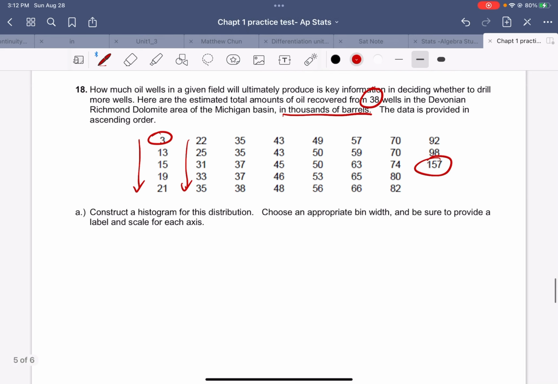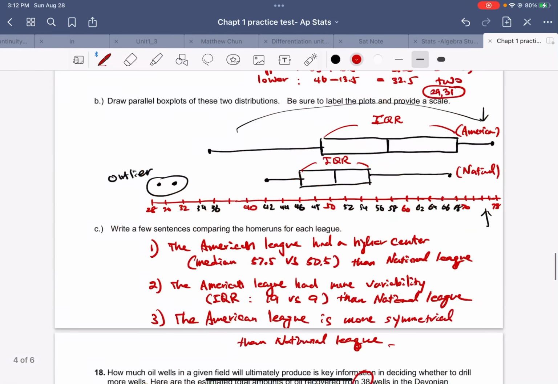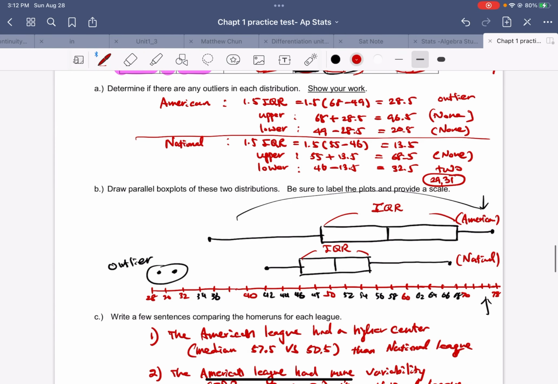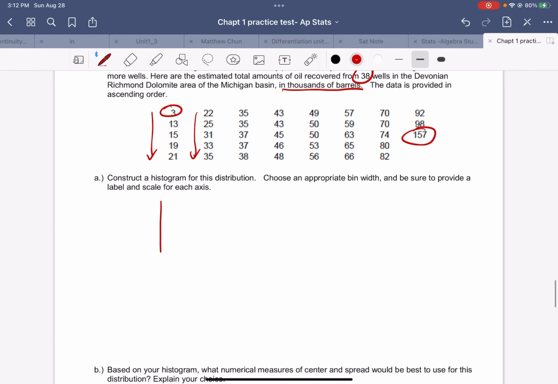Now, A, construct a histogram. The other one we talked about was the box plot, right? And now here they ask you to construct the histogram. So let's do that. So you can write the histogram.